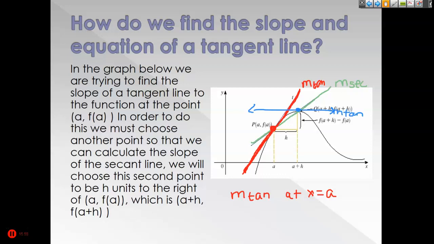The slope of the tangent is constantly changing with the graph. So we approximate the slope of the tangent using the slope of the secant. We find the slope of the tangent by looking at the limit of the slope of the secant.